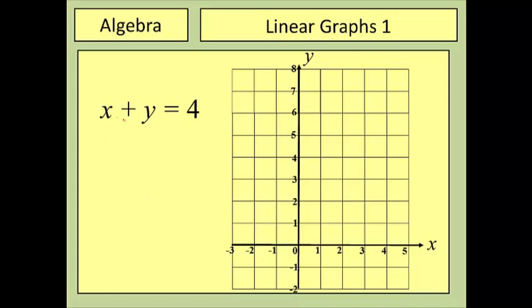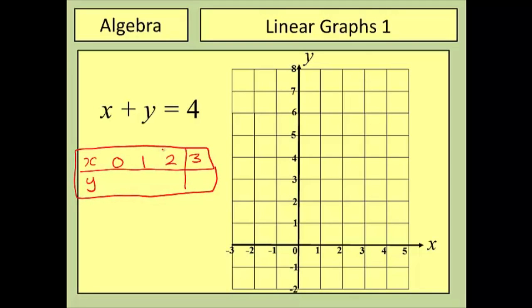Okay, in this example, notice how the equation looks different to the ones we've encountered before. Here, both the x and the y are on the left-hand side of the equation. This doesn't matter too much to us. We still start with our table of values, with x's ranging from 0 all the way up to 3. Once I've got this, I go back to my equation.